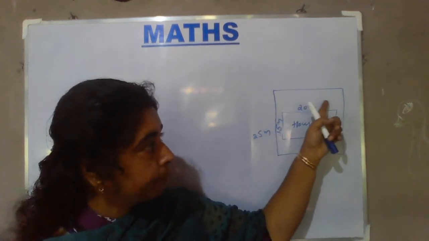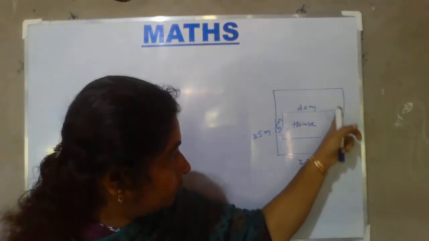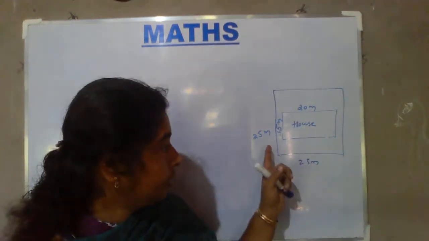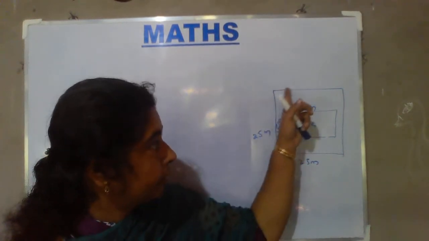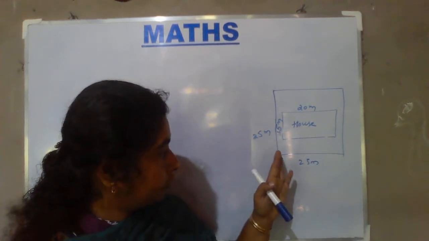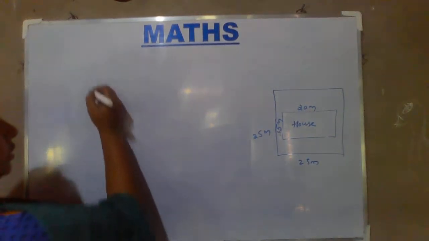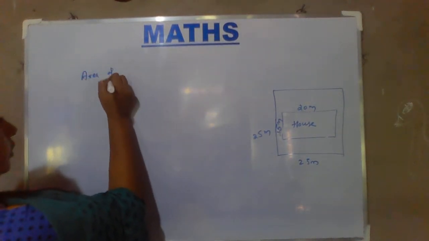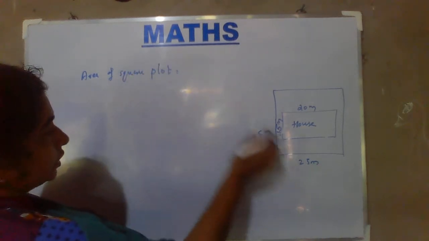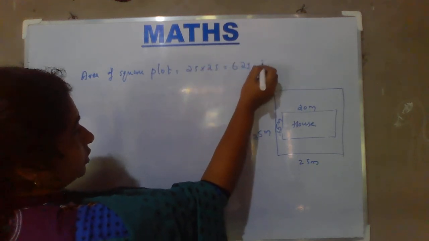Then we have to find the cost of developing the garden. How will you find the area of garden? First you find the area of the square plot and the area of the house. Then area of garden is area of square plot minus area of house. Area of square plot: here the side is 25, so area is 25 into 25, 625 square meter.